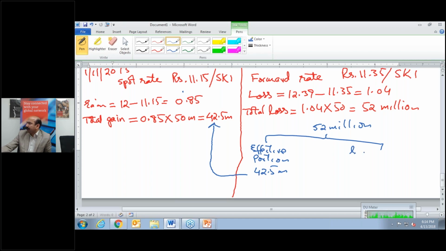And the ineffective portion is basically the balancing figure, which is 52 minus 42.5, 9.5. So 9.5 million is the ineffective portion. So we shall be passing a double entry for this.